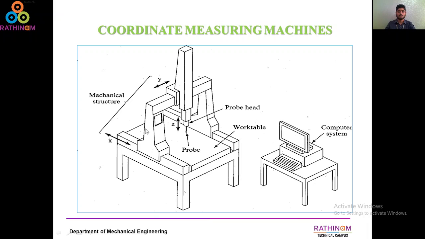These are the mechanical structure: the beams and sliders and vertical beams and sliders come under the mechanical structure. The probe is attached here. This probe is used to touch the surface of the component and take measurements. Not sliding; it keeps some distance between the component and the probe and sends signals.